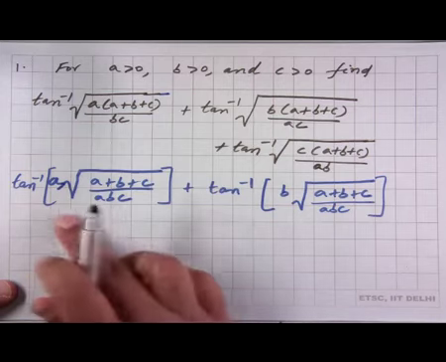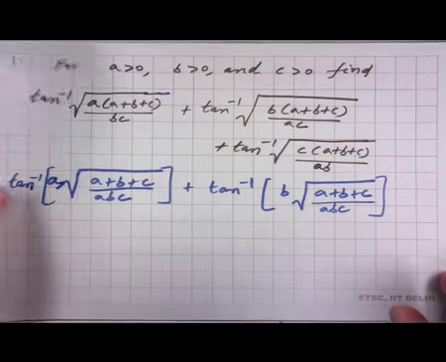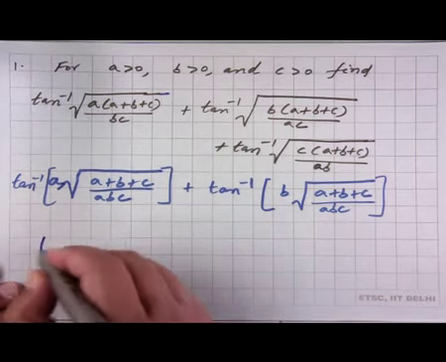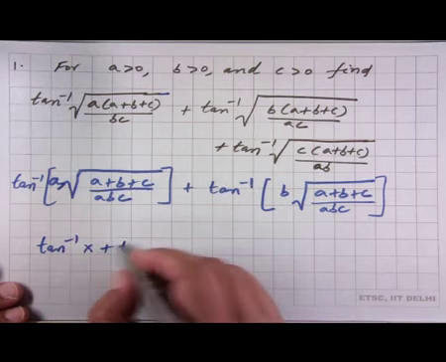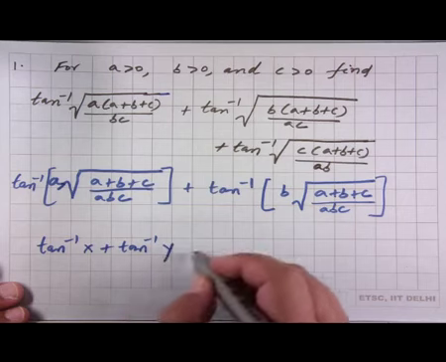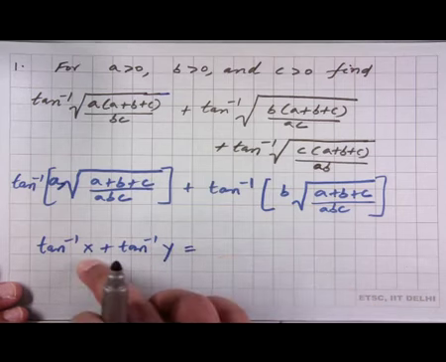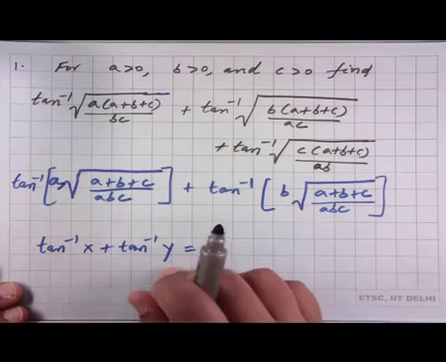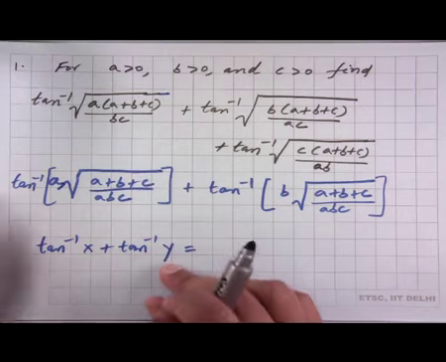So, for the tan inverse x plus tan inverse y formula, let me just recollect that. This value will depend on the sign of x and sign of y, and also on the value of the product xy.